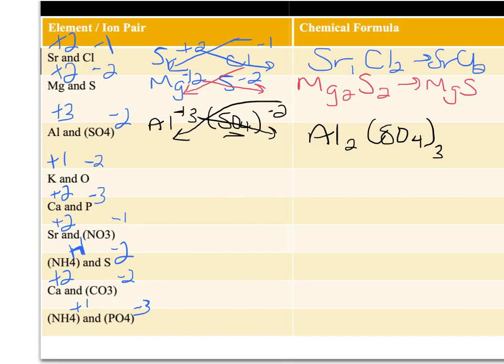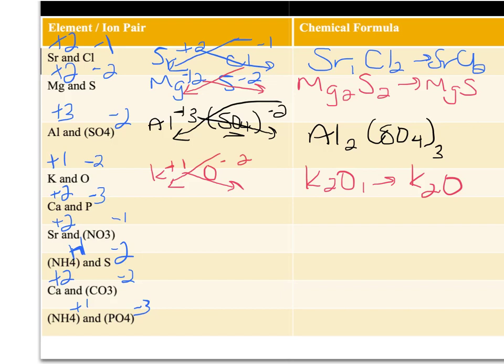Next one, K +1, O -2. The -2 comes over here, loses its sign, and the 2 becomes potassium's subscript. The +1 comes over here, drops its sign, and becomes oxygen's subscript, so K2O1, or we just would write that K2O.